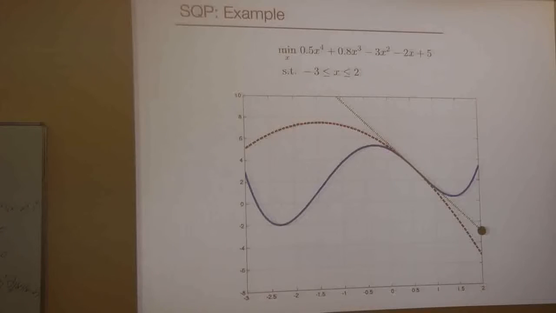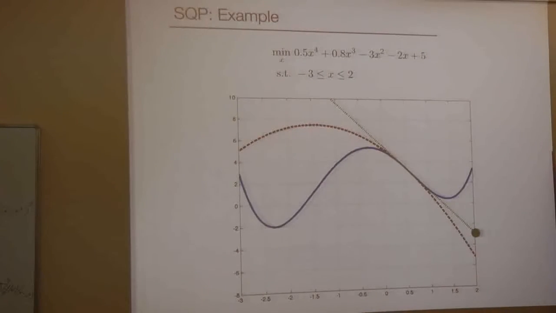So at this point, we again compute the new Hessian, the new linearization of constraints. Actually, we know that the constraints will be the same as before. So we just compute the new Hessian evaluated at point equal to 2. And that's the new QP approximation. In this case, the Hessian would be positive definite, so we don't need to modify it any further.